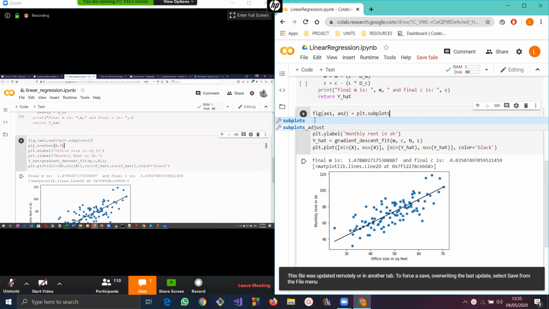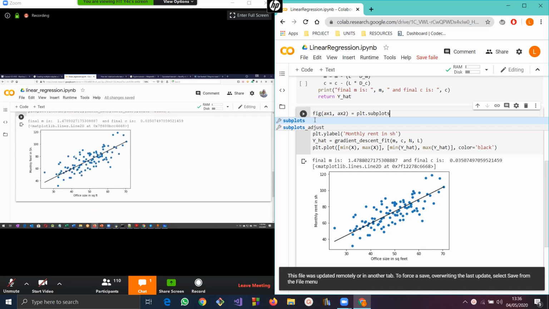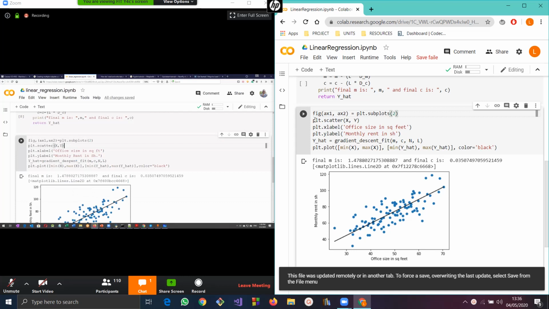Okay, then now I will make the first axis to be this one, what we have just done here. Okay, and the second axis will now be the error. So instead of having plt, I will have ax1.